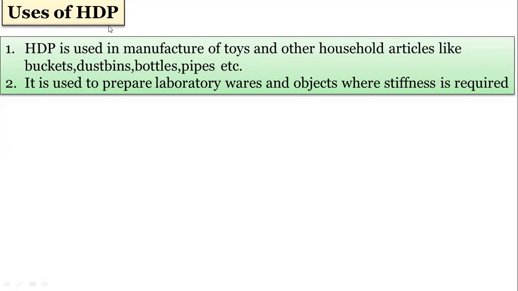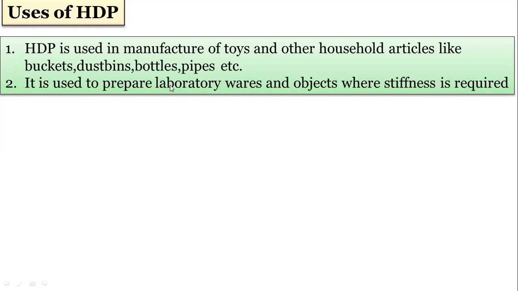Remember, if you now understand what is meant by low density polythene and high density polythene, we never use the word plastic further, because it is made of high density and low density polythene. The second use is that it is also used to prepare laboratory wares and objects where stiffness is required. Stiffness is nothing but hardness.